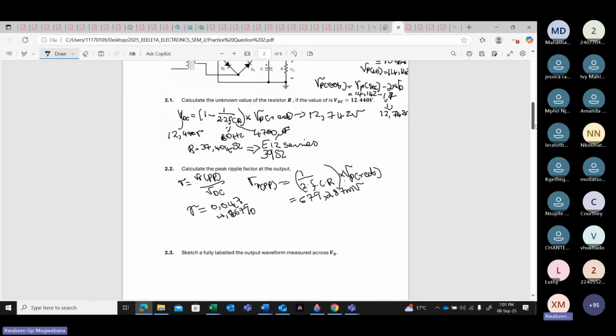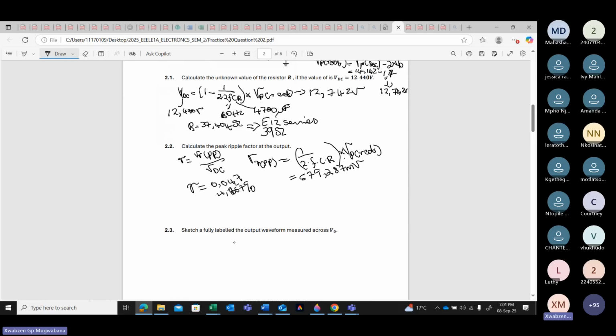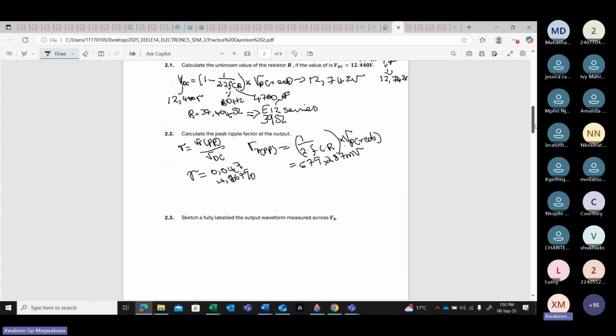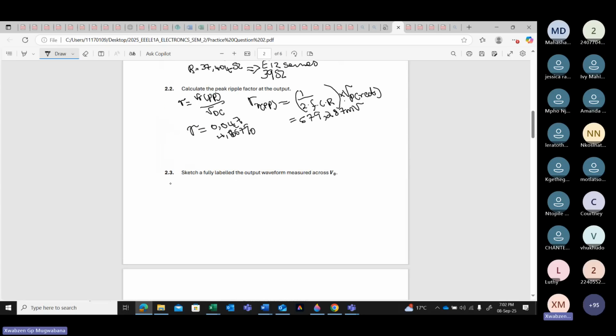Then from there, when you go down, you must sketch a fully labeled output waveform measured across VO. What is VO? If you go up here, this is VO, which means that is your output. Therefore, to sketch this, I'm going to draw my horizontal and vertical axes.